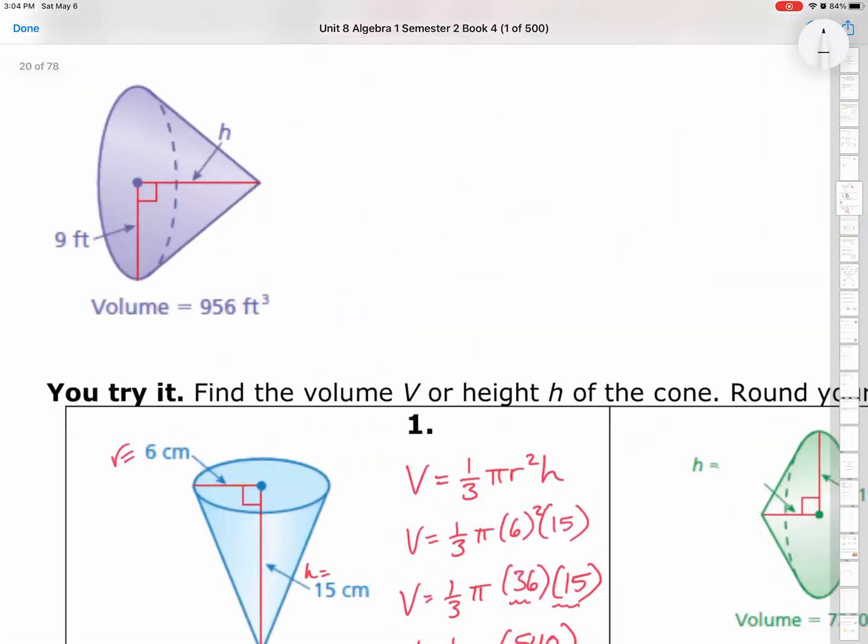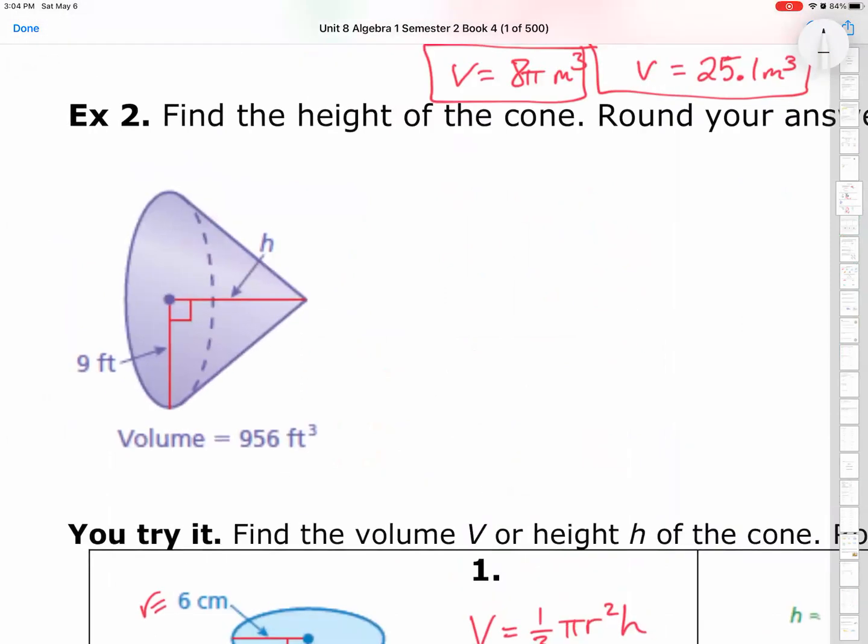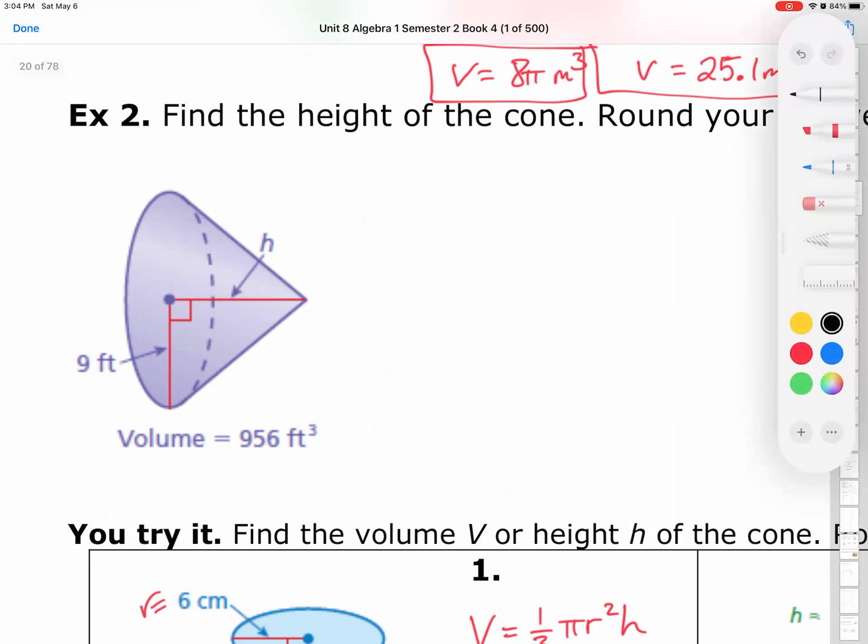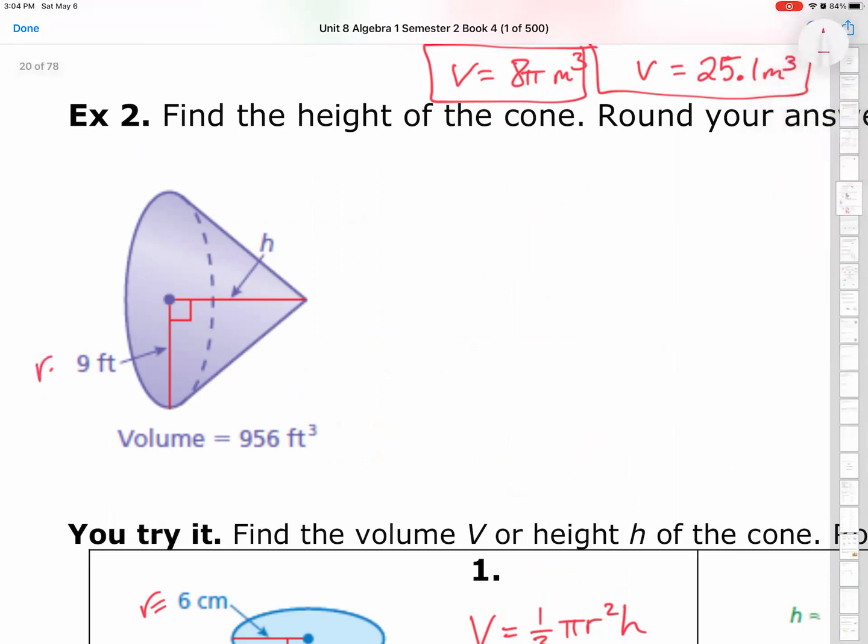All right, now looking at example 2, it's a lot like the cylinder types where we were trying to find a missing variable. For this, we have a missing height, but we are given the radius, and our volume is given as well, 956.